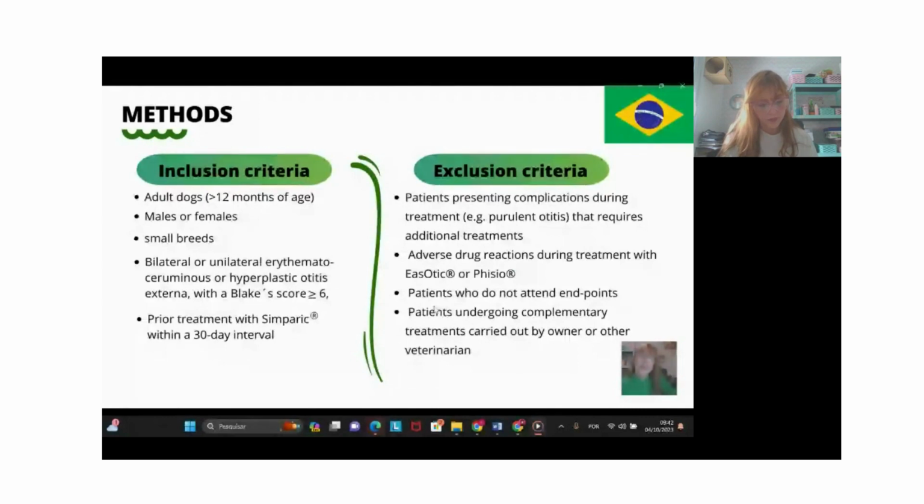And the exclusion criteria comprise patients presenting complications during treatment that require additional treatments, adverse drug reactions during treatment with Easotic or physio, and patients who do not attend endpoints, or patients undergoing complementary treatments carried out by owners or other veterinarians.